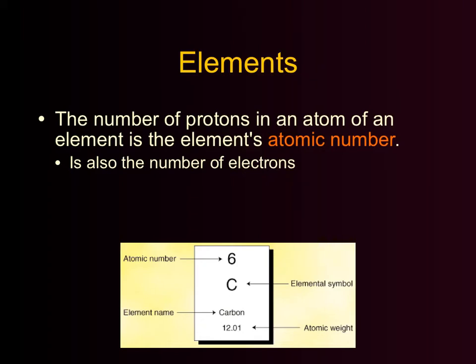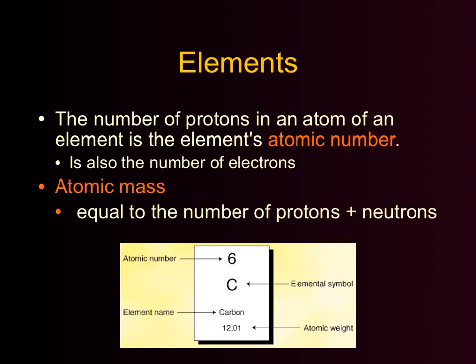So this particular element, carbon, has the atomic number of 6. It tells us it has 6 protons and 6 electrons. At the bottom is the atomic mass, and this is equal to the number of protons and the number of neutrons. This particular picture calls it atomic weight. We really should call it atomic mass.